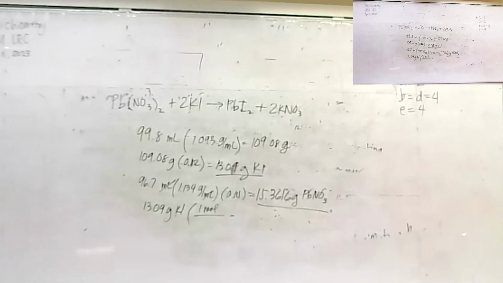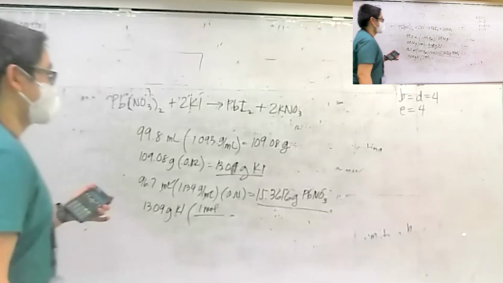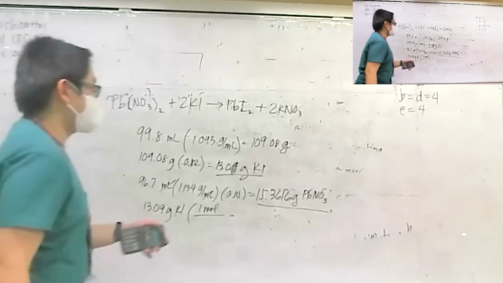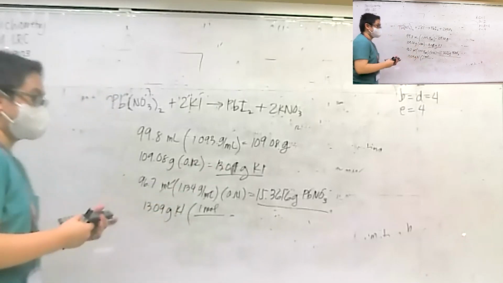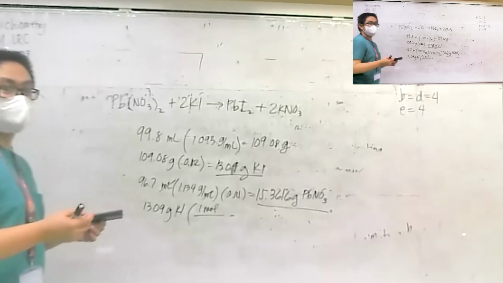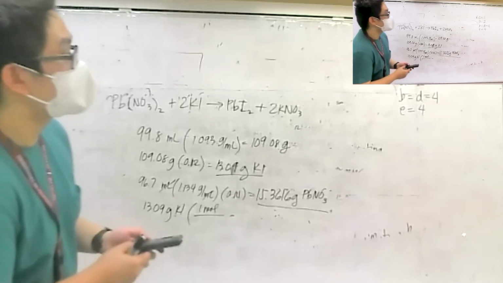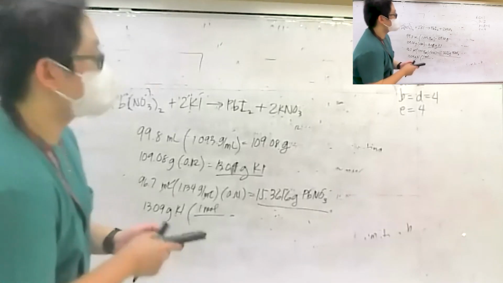In my problem kasi, kinonvert ko yung mass ni PbNO3 to mass of KI. Pero, since I'm older, I'm wiser, huwag na natin gawin ito. Moles na lang usapan. So, 166.002. 166.002.